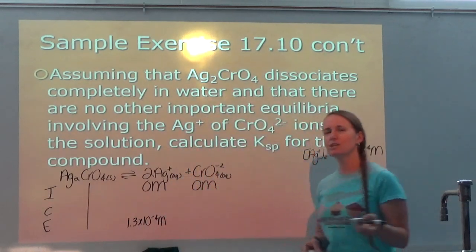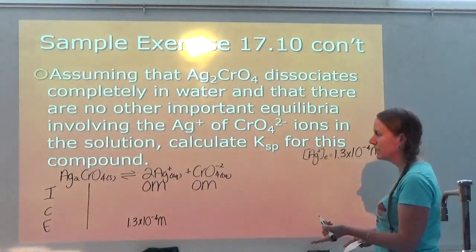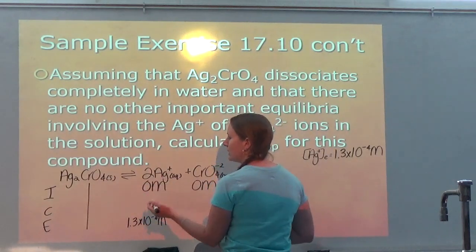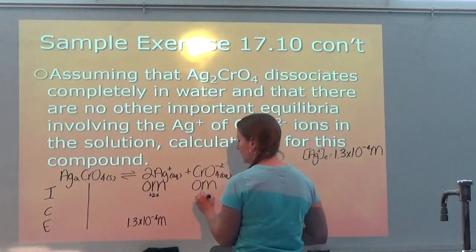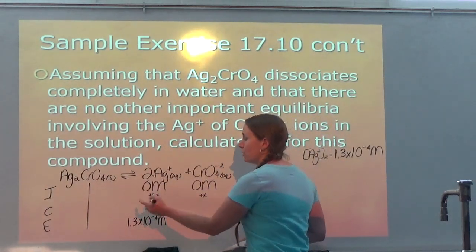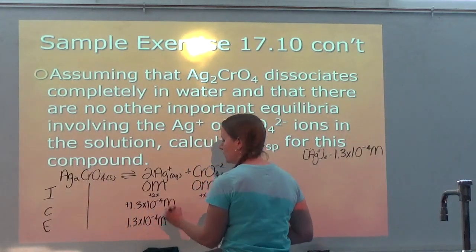And these ICE charts are so easy to fill out. A lot of times, you'll get to where you can start doing these in your head. If I was adding, let me just put it here real quick, I would add 2x for this, but I would only add x for this one because this has a 2. So I added 1.3 times 10 to the negative 4 here to get this.